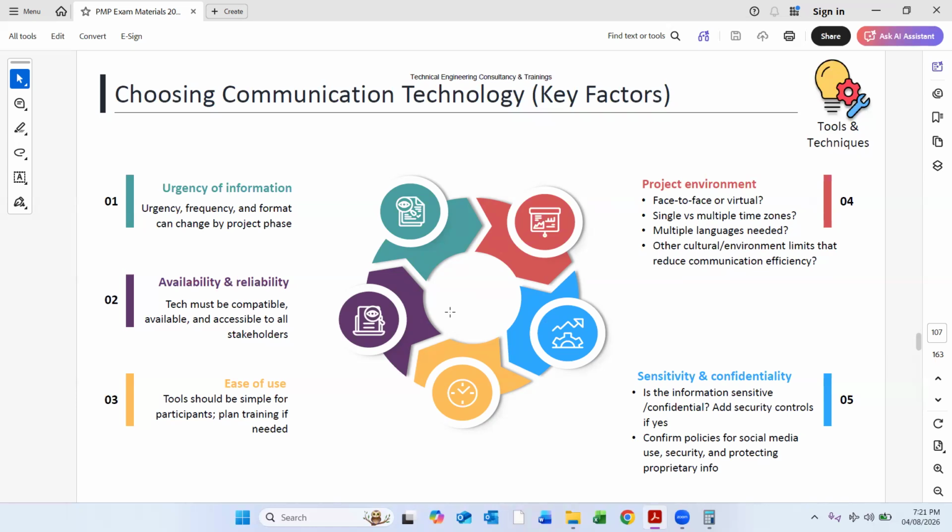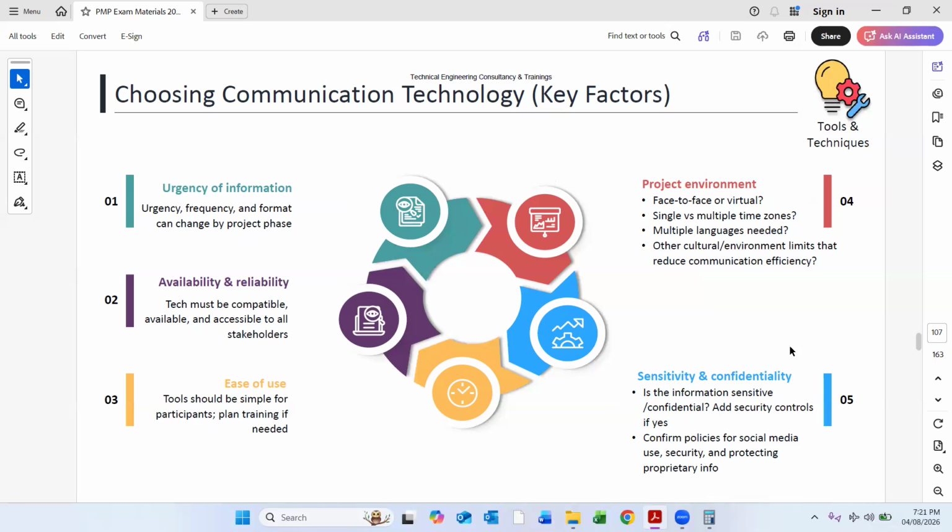Let's say, for example, if we are chatting on WhatsApp, one to one message, it is just one to one. But if we are creating a group, it means we are communicating with 4 to 5 members. So this is also about choosing which particular communication technology we are using, what is the confidentiality of that technology, what is the environment, how easy we can use it, and how easily it is available to us.